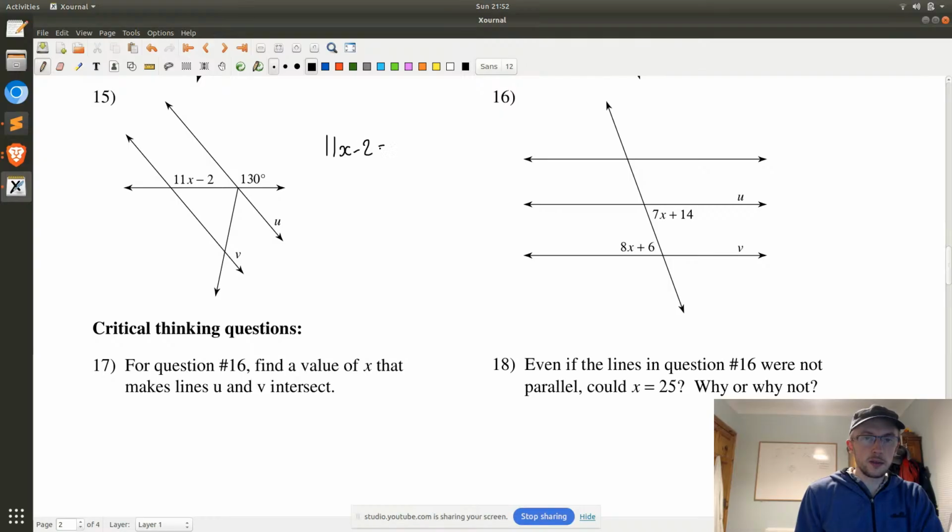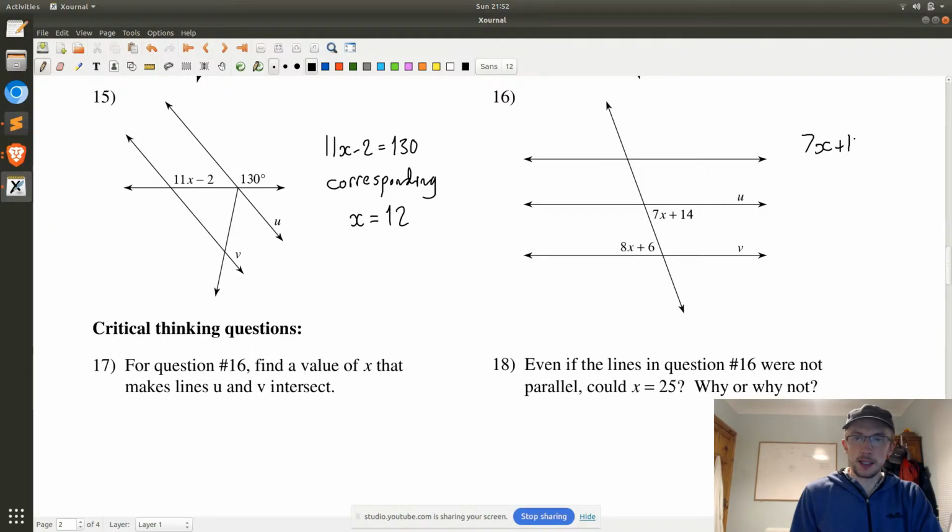11x take 2 would have to equal 130, as there would have to be corresponding angles to each other, and so x would have to equal 12.